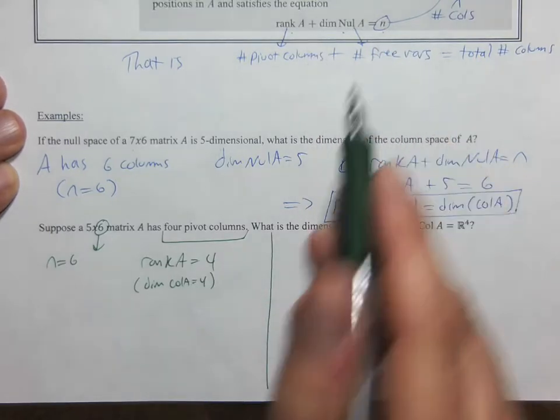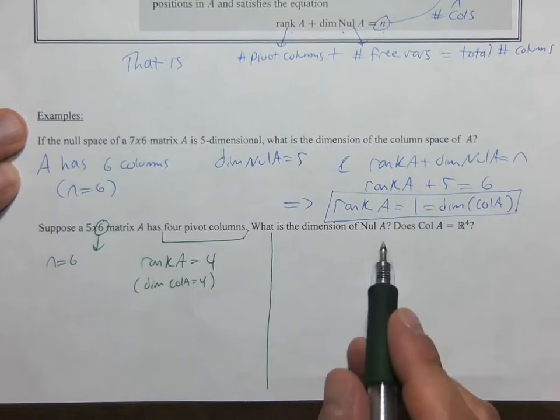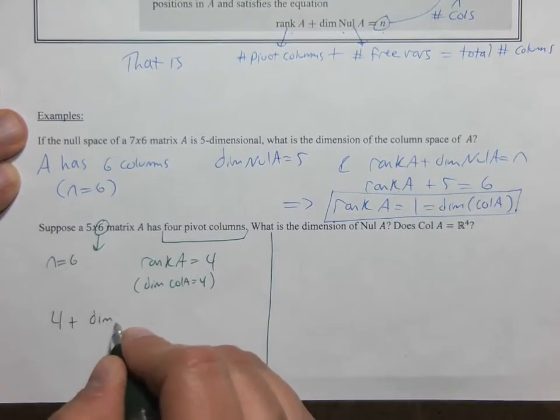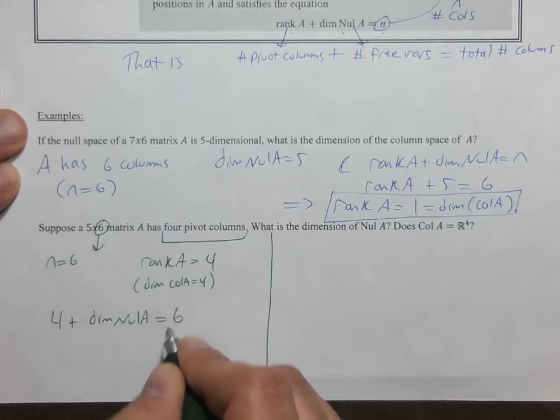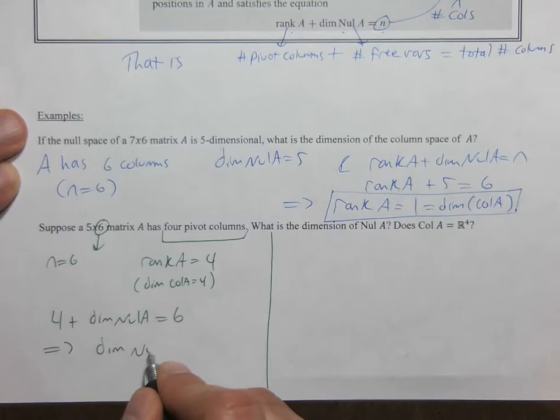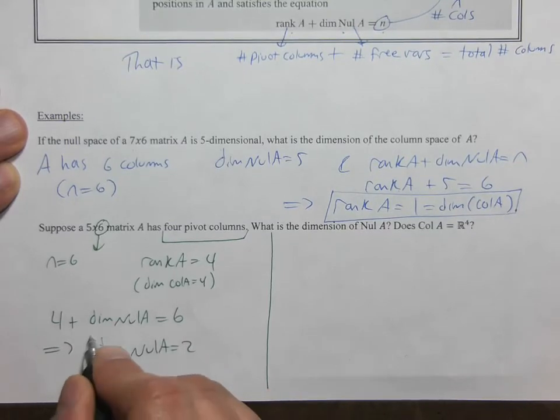And so we're given 2 of those things, so we can figure out the null space then, right? So then we have 4 plus the dimension of the null space equals 6, and so that means the dimension of the null space is 2.